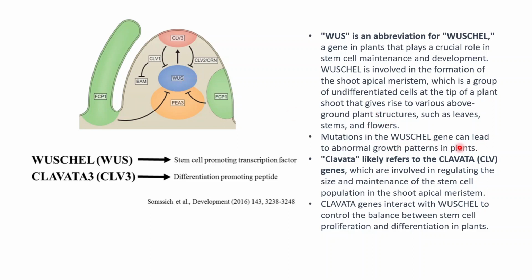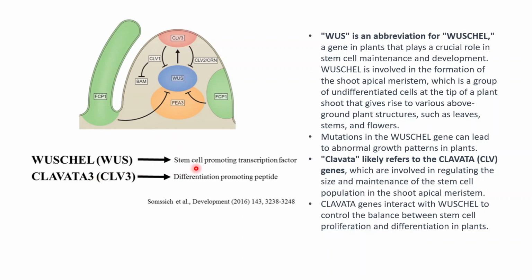Mutations in the Wuschel gene can lead to abnormal growth patterns in plants, because then the shoot apical meristem maintenance will be down. Clavata refers to the Clavata genes, which are involved in regulating the size and maintenance of the stem cell population in the shoot apical meristem. Clavata genes interact with Wuschel to control the balance between stem cell proliferation and differentiation. Wuschel is a pro-proliferative gene, Clavata is a pro-differentiative gene.